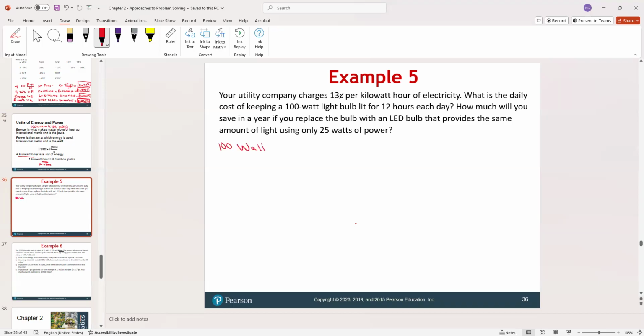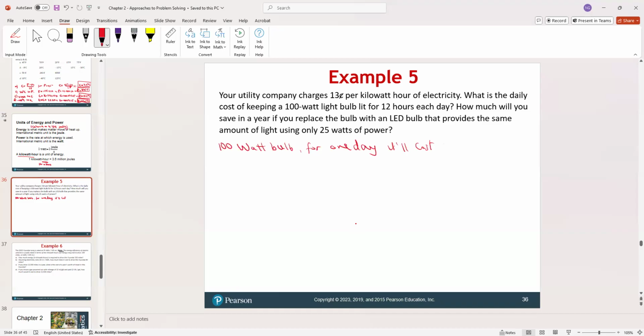They said a 100-watt light bulb for 12 hours, because we're dealing with hours here.